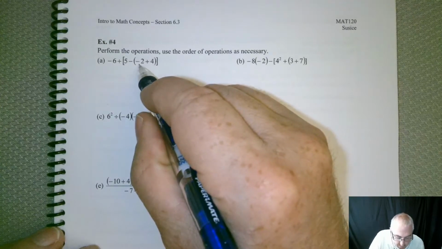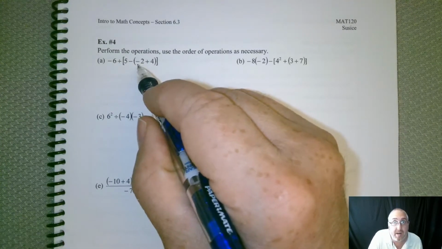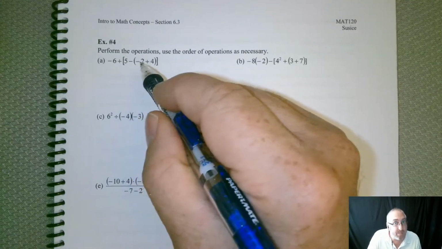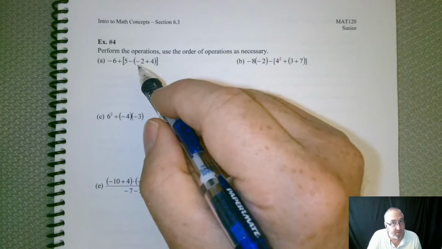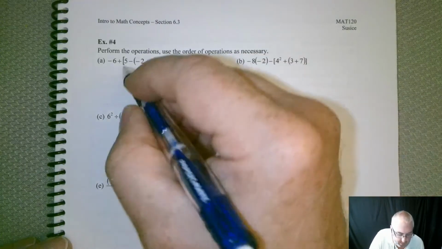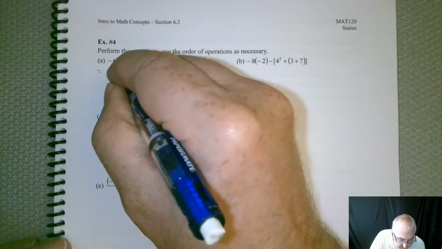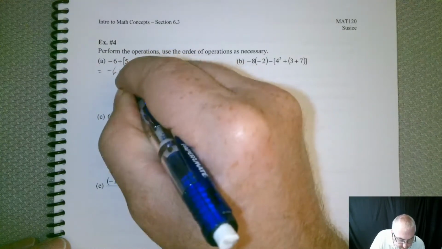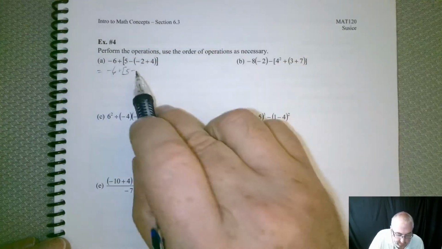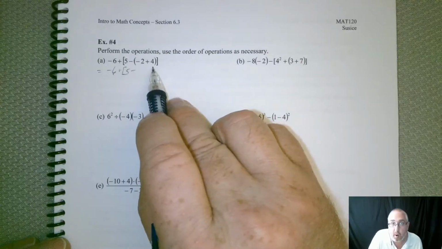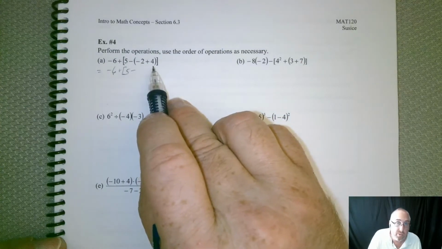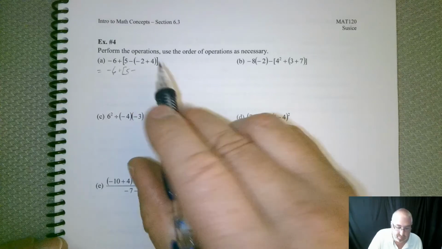Remember your rules. If the signs are different, you're really subtracting them, and then you keep the sign of the larger number. All this other stuff, I'm just going to write down. So now, -2 plus 4. Well, 4 minus 2 is 2, and it should be a positive 2.